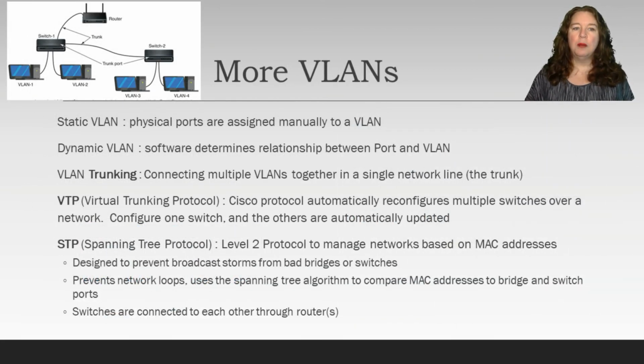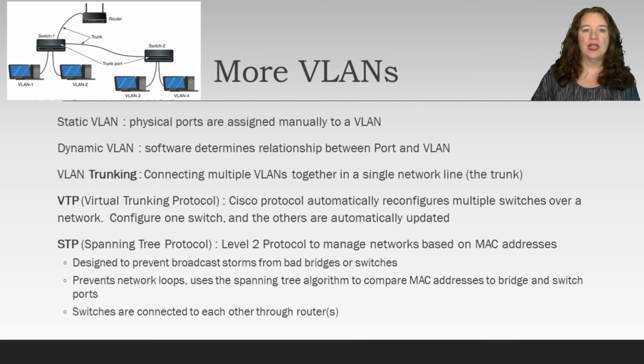A little bit more about virtual LANs before we go on to CIDR. We can have either a static or a dynamic virtual LAN. With a static virtual LAN, the physical ports are manually assigned to your VLAN. So we're going to say VLAN A, and we're going to put ports 1, 2, and 3 into VLAN A. So we're manually setting it.